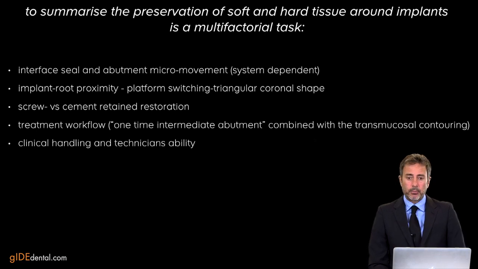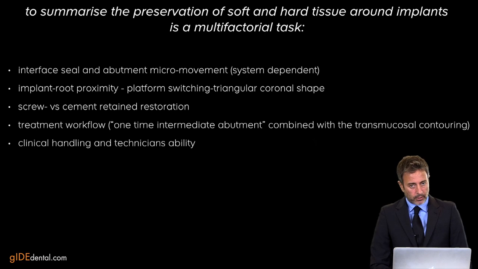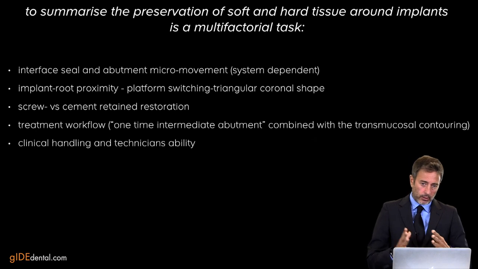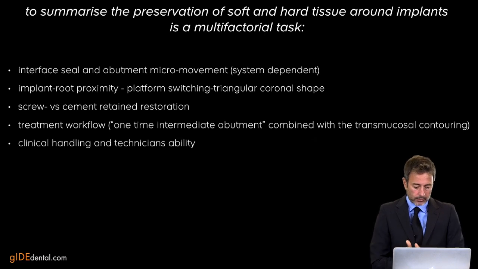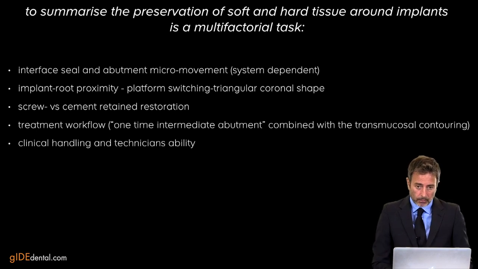To summarize, the preservation of soft and hard tissue around implants is multifactorial, which means that we have to have a system which has a very good seal between the abutment and the implant, very, very small implant abutment micro movement.